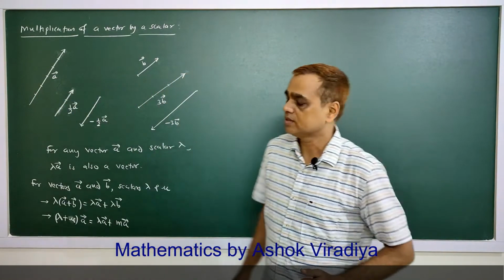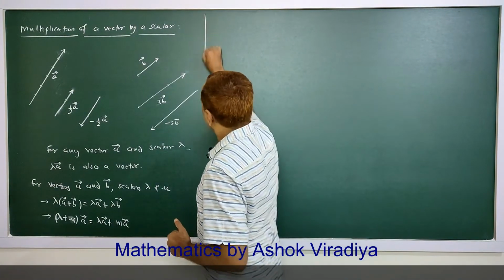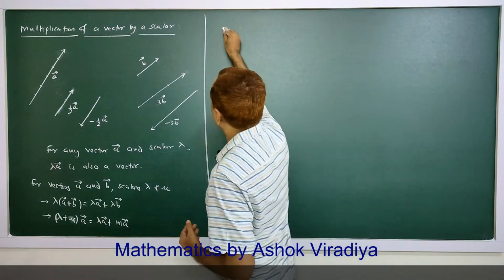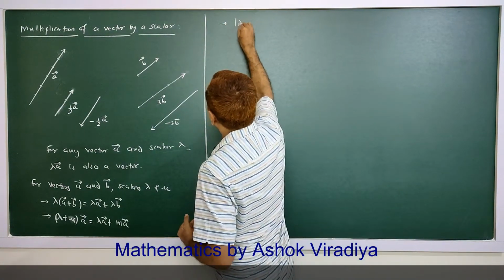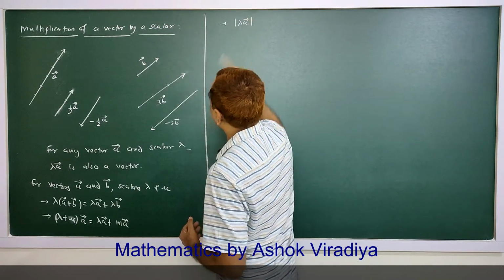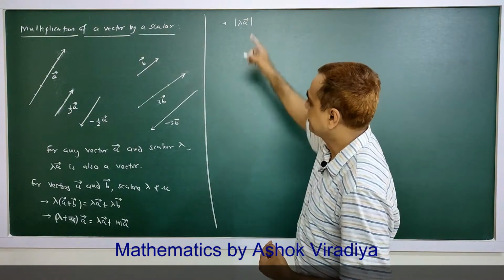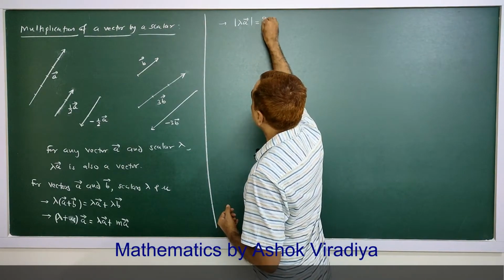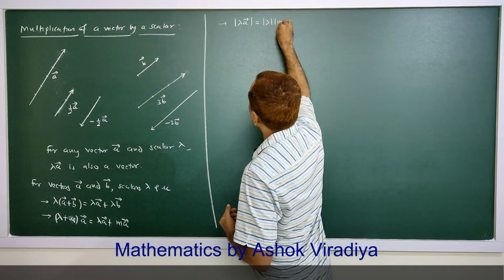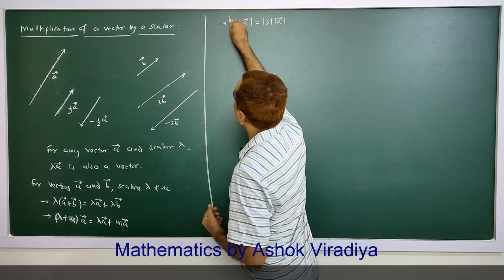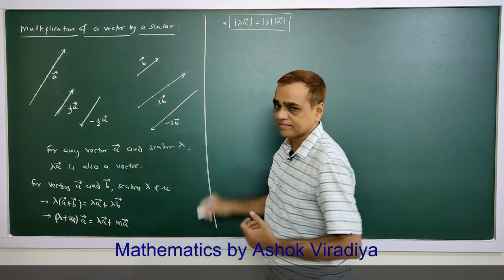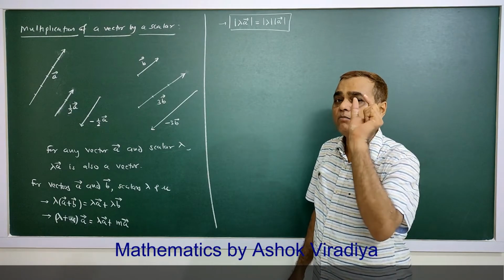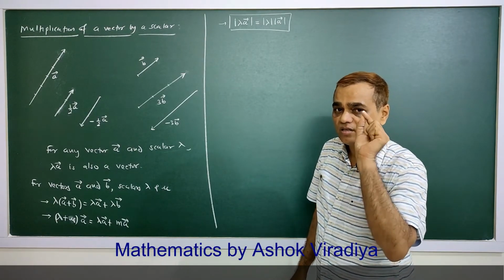Then the magnitude of lambda times vector a is equal to the modulus of lambda into the magnitude of vector a. See the words I am speaking. The magnitude word is for a vector and the modulus word is for a number.